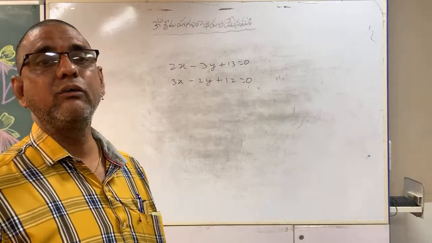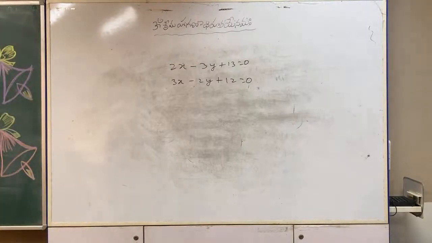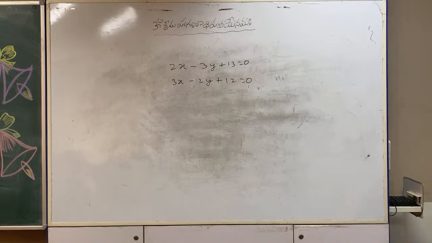Before that, we need to verify whether it is having a common solution or not. Yes, because A1 by A2 is 2 by 3 and B1 by B2 is 3 by 2.